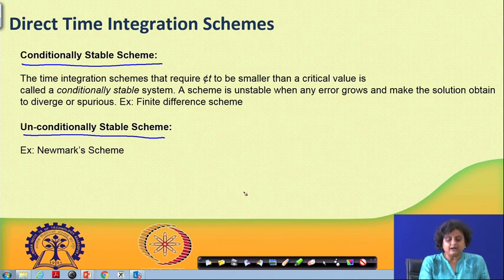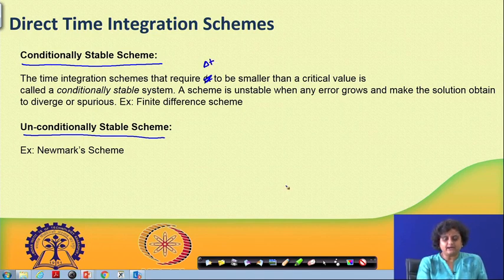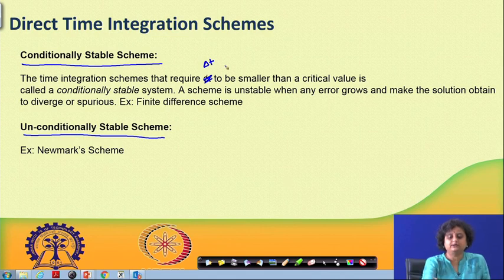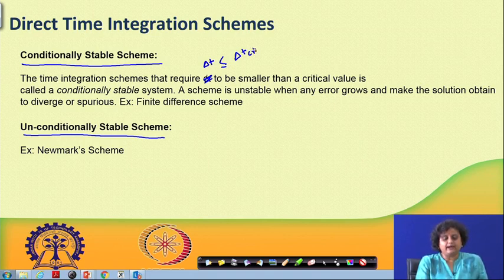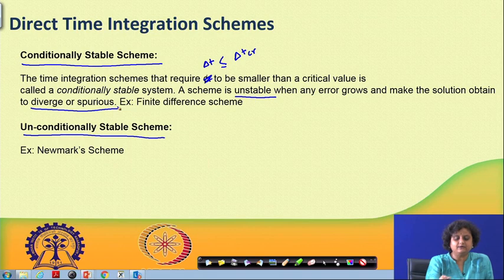In a conditionally stable scheme, the time interval that we adopt, del t, should be smaller than a critical value in order to get a stable solution. If del t is more than the critical value, then the solution is going to become unstable, diverge, or become spurious.